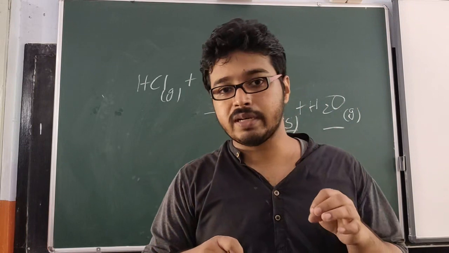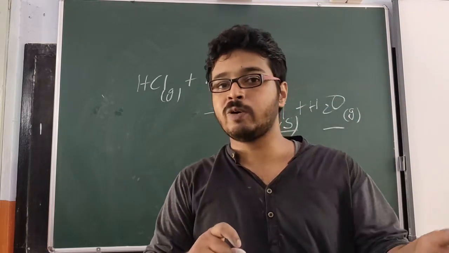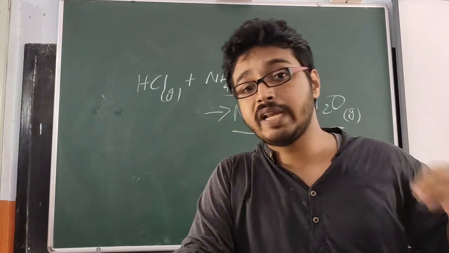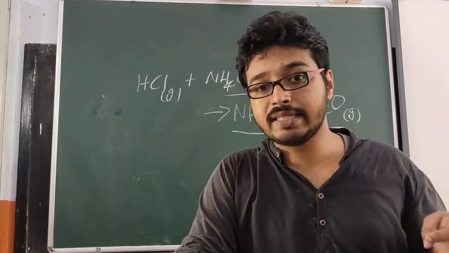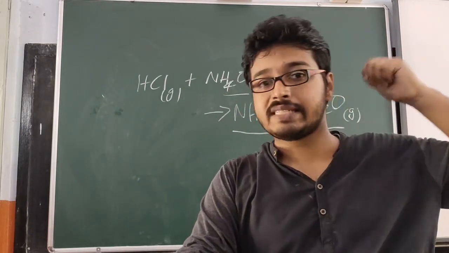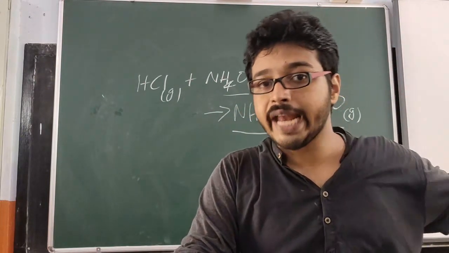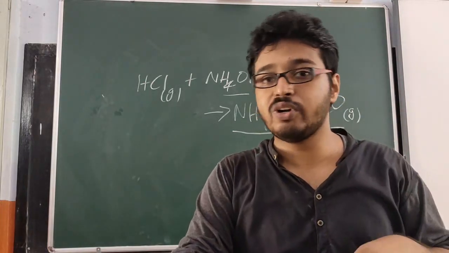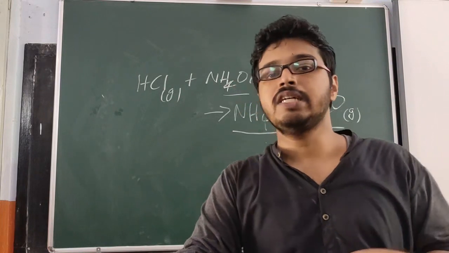I hope you remember. Just the opposite is also possible. If we bring a glass rod dipped in HCl, hydrochloric acid, near ammonia gas, you can see the formation of ammonium chloride again with dense white fumes. I hope you remember. We will do that once again later.